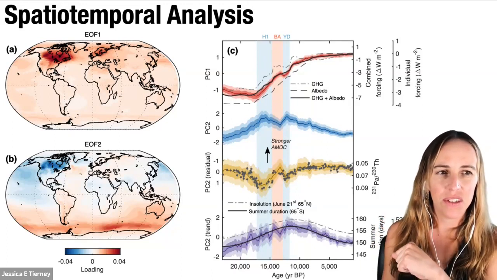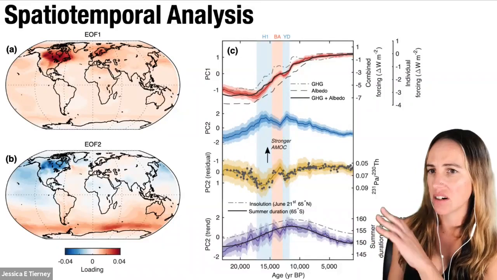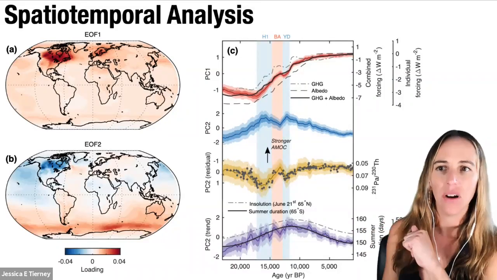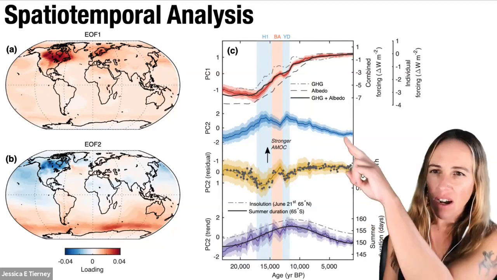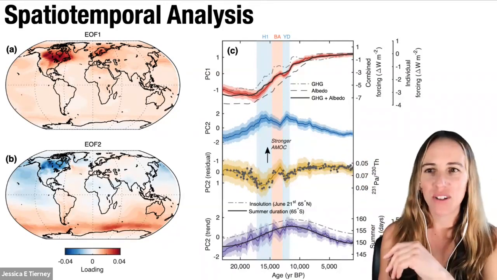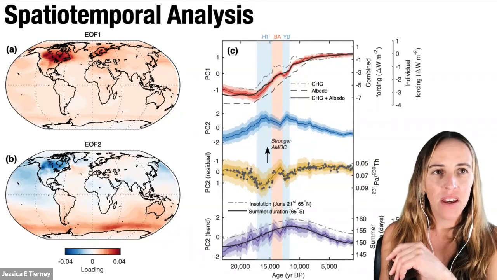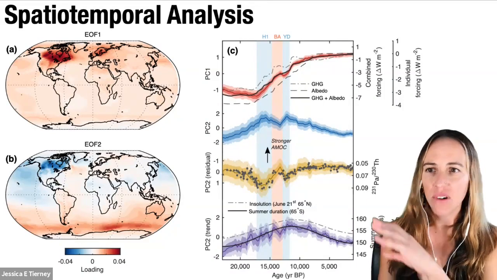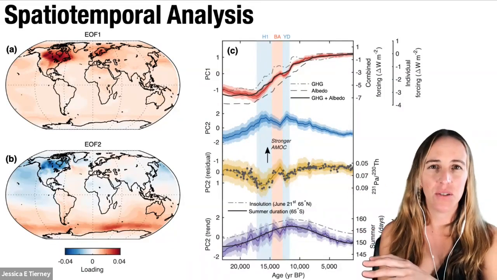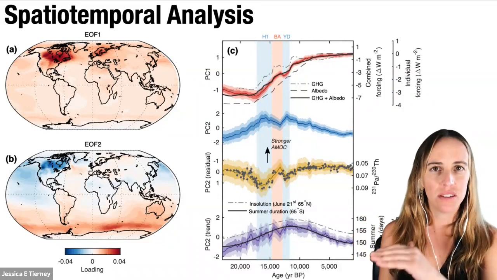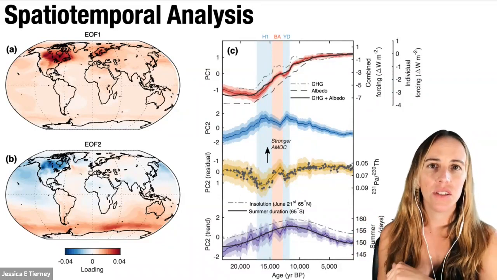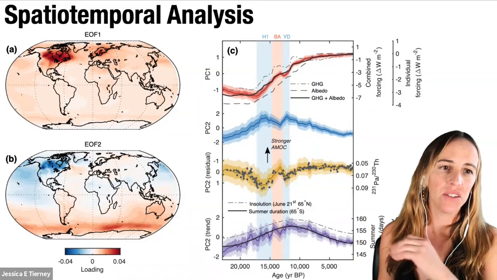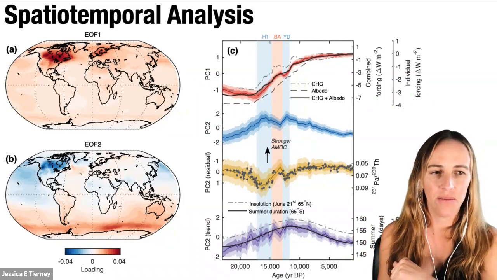And so we can see those features corresponding to the Younger Dryas and Heinrich event 1. And maybe if you squint your eyes, you can see maybe an 8.2 or some sort of remnant of it. And so this is one expression of EUF2: that northern hemisphere cooling, southern hemisphere warming that is associated with the millennial scale events of the last deglaciation.